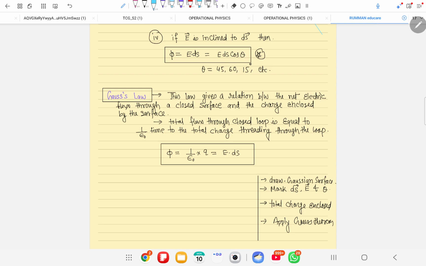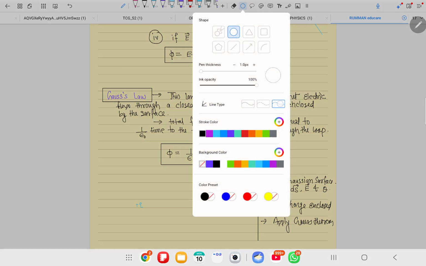So suppose we have a plus q charge. First we need to draw the Gaussian surface of this charge.